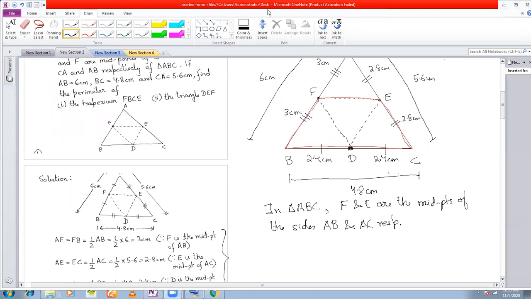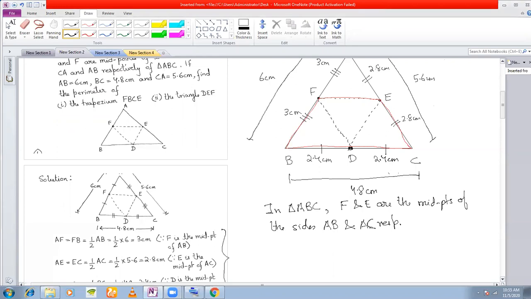If F and E are midpoints, what can you conclude from the midpoint theorem? Can anyone tell me? Sneha Kumari, go ahead. EF is parallel to BC and EF is half of BC.